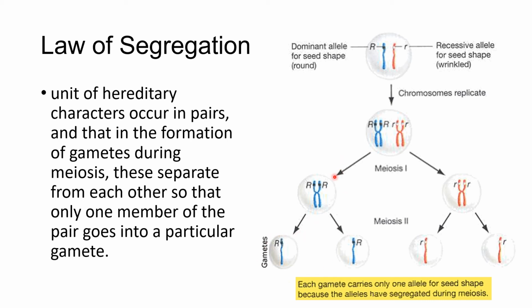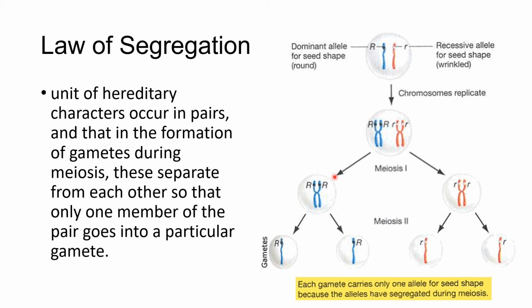It is important to take note that segregation is random. It is just chance, and in the law of segregation, chance has a great role in determining which of the gametes receive the dominant or the recessive allele.